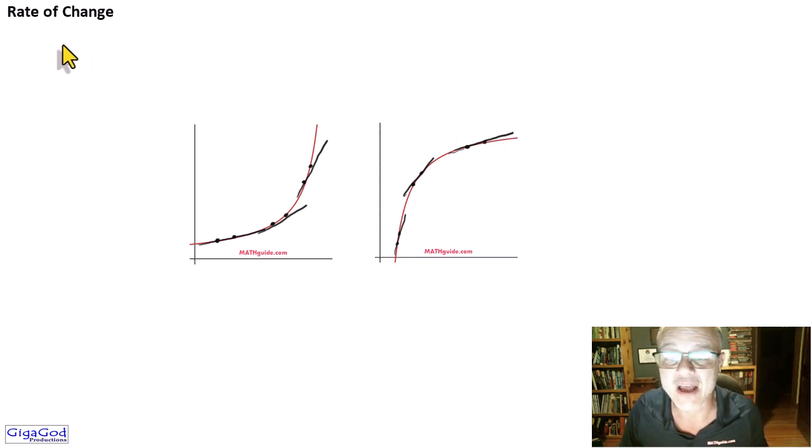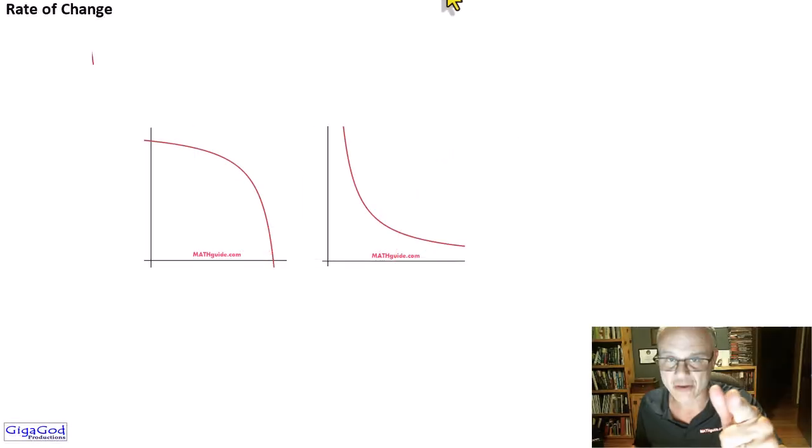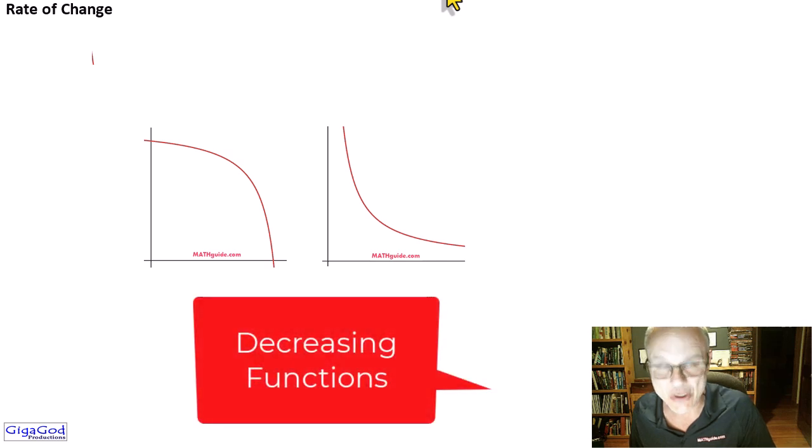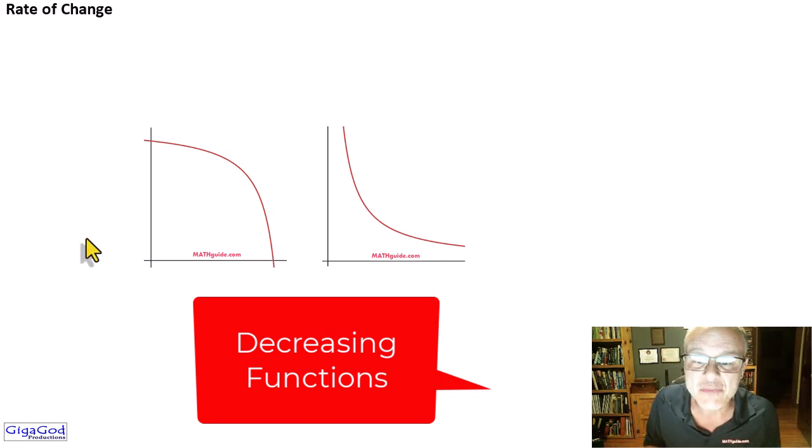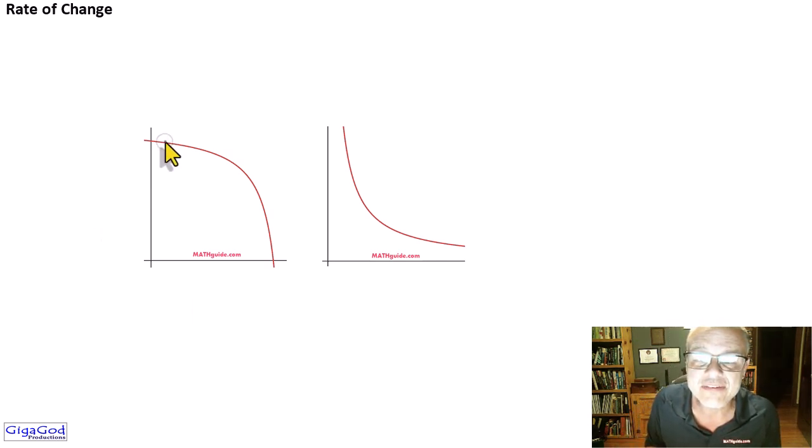Let's take a look at a couple more. Here we have two graphs. These two graphs are decreasing. They're decreasing because as you read the graphs from left to right, they're both going down. But there's a huge difference between these 2 graphs. Let's say I grab a point here and a point here, 2 points that are very close to each other, connect them, I have a fairly flat looking line.